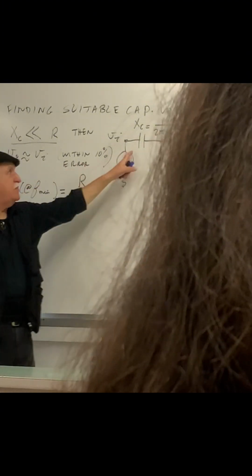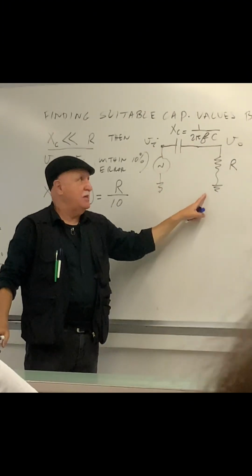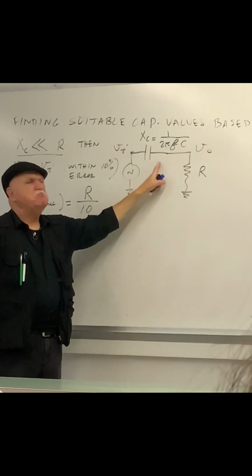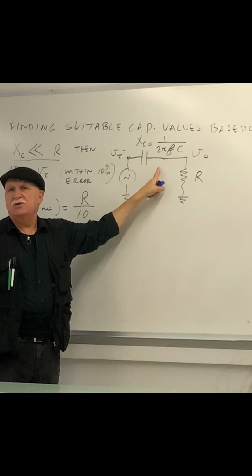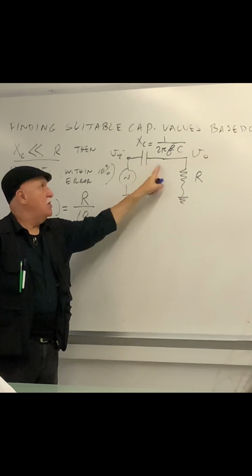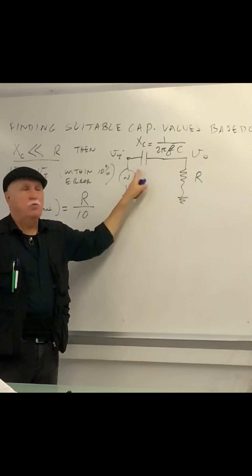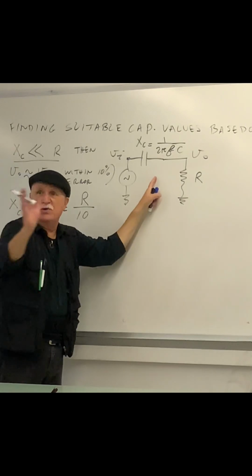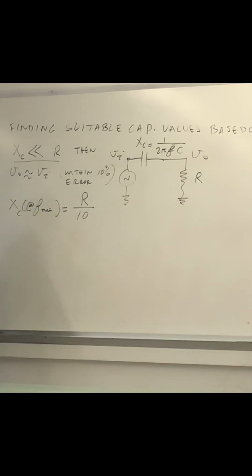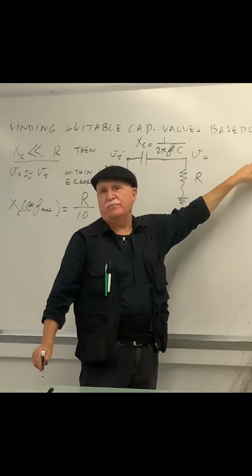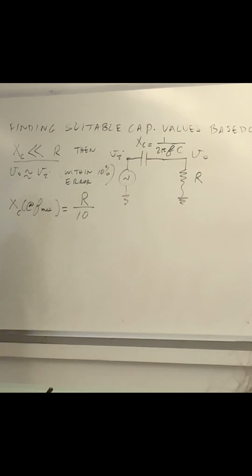For example, if R is 2000 ohm, we are going to make this 200 ohm at 80 hertz. If the frequency goes tenfold up, the 200 ohm will turn into 20 ohm, and R is still 2000. So it gets even smaller and smaller as the frequency goes up. So the only end that you have to take care of is this minimum end of the spectrum. So that is our criterion.